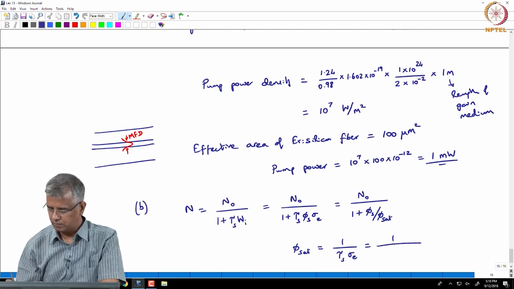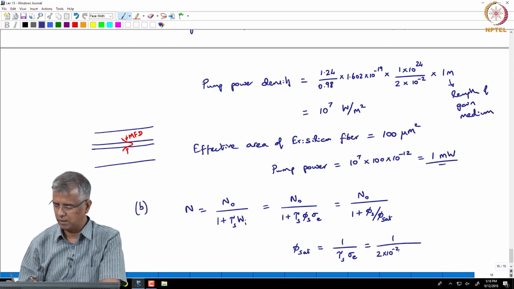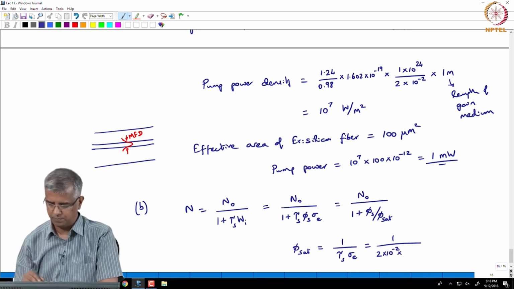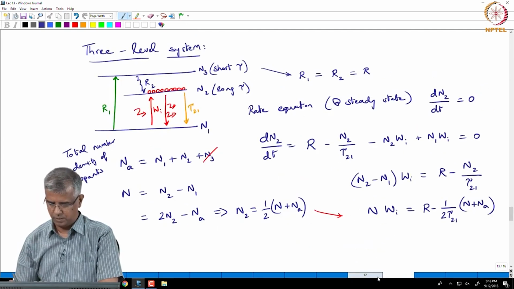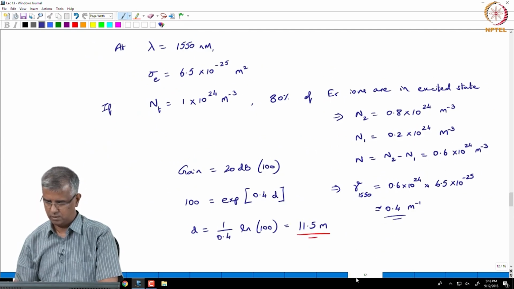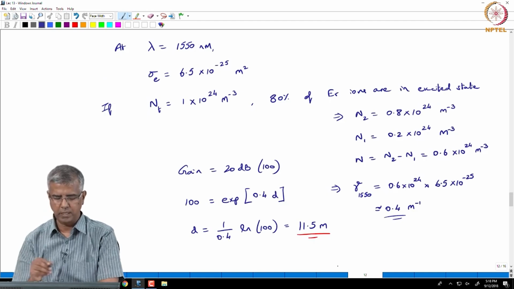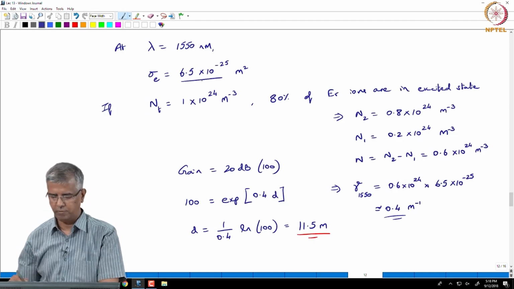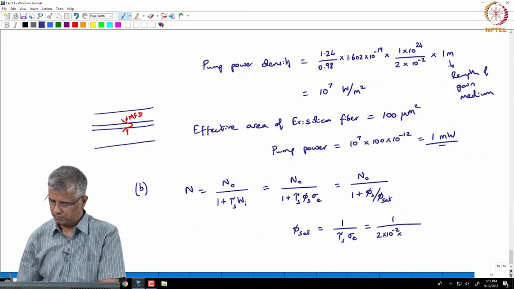So, tau s is 2 times TSP, that is basically 2 into 10 power minus 2 seconds, and sigma e I think we considered for this example earlier. So, sigma e we said is 6.5 into 10 power minus 25.